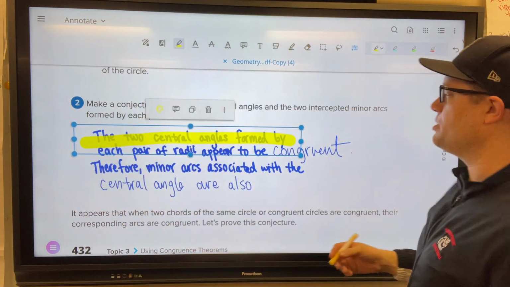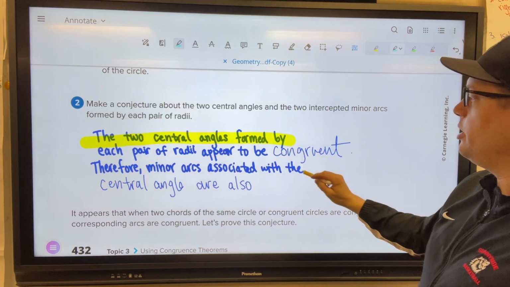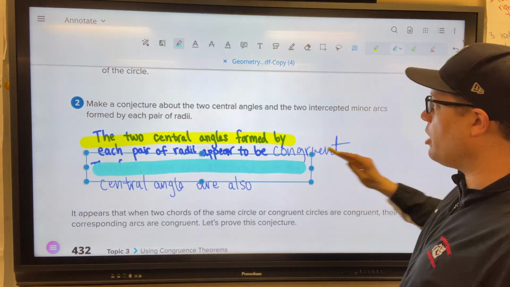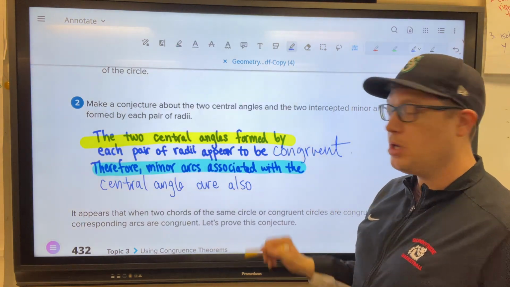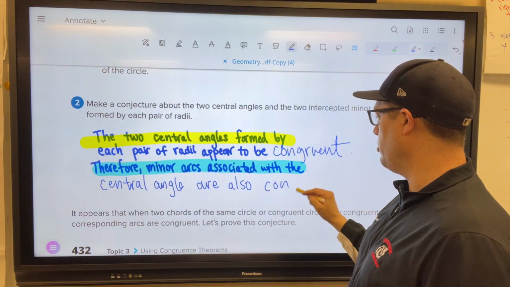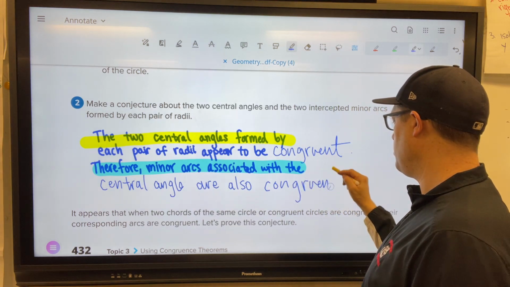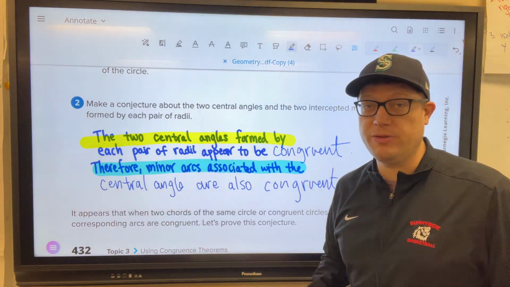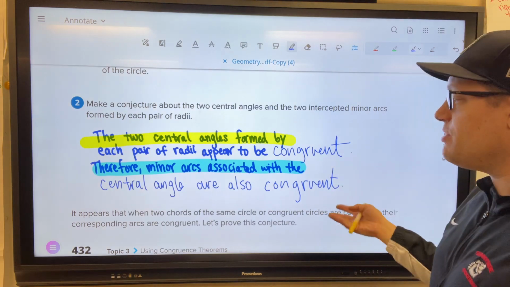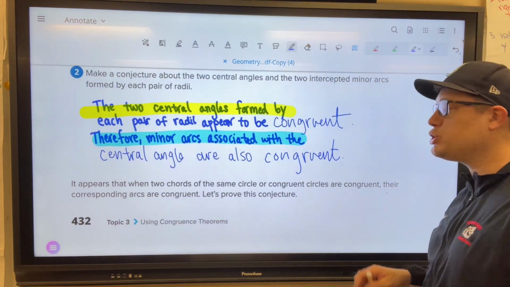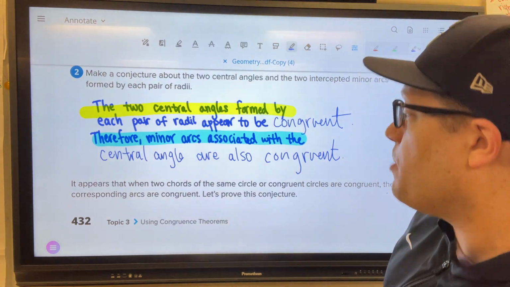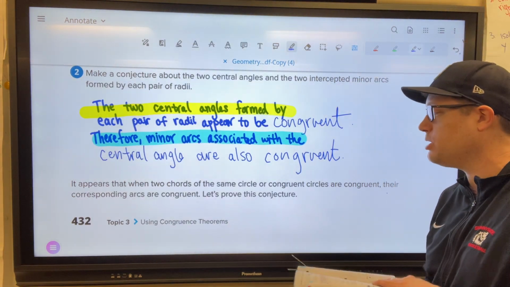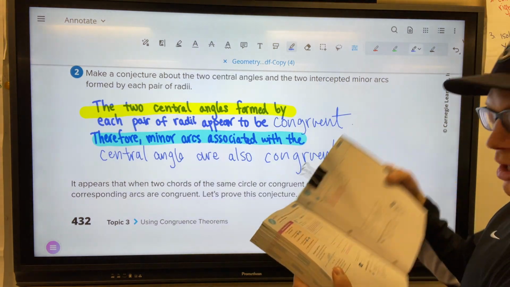And that means that the minor arcs associated with those central angles must also be congruent. We're about to prove this, but for now we have this. It appears that when two chords of the same circle or congruent circles are congruent, their corresponding arcs are also congruent. We're going to prove this conjecture on the next page.